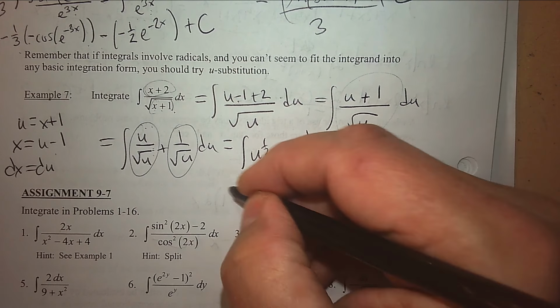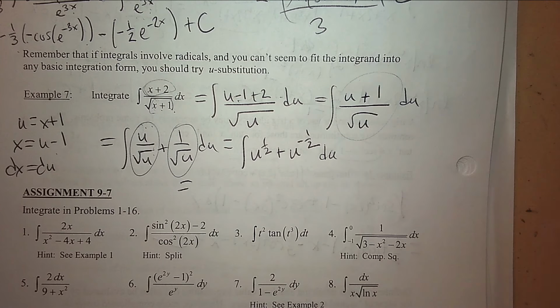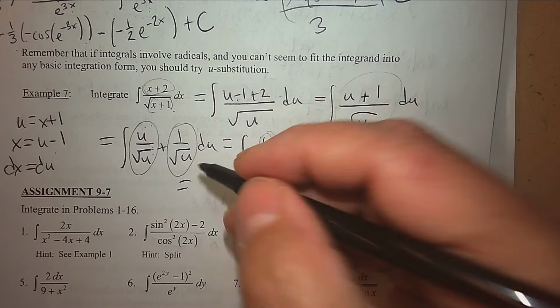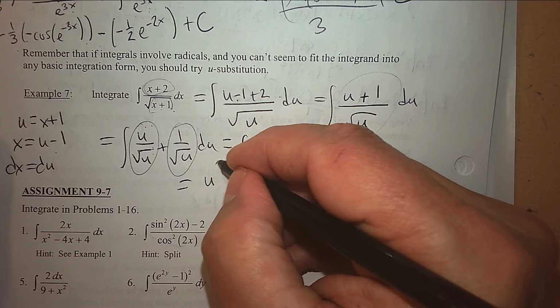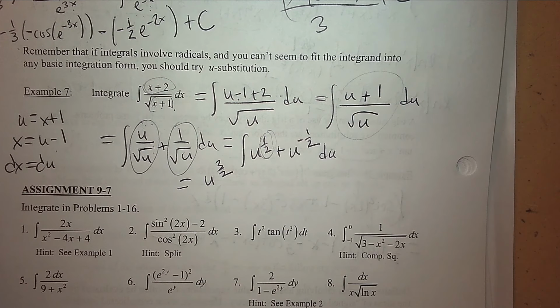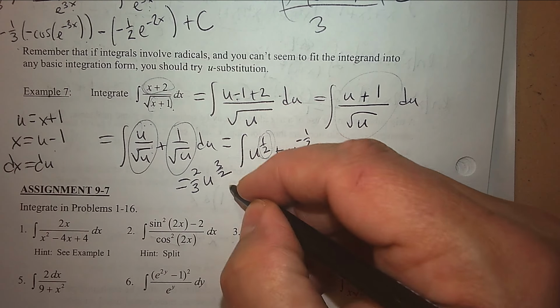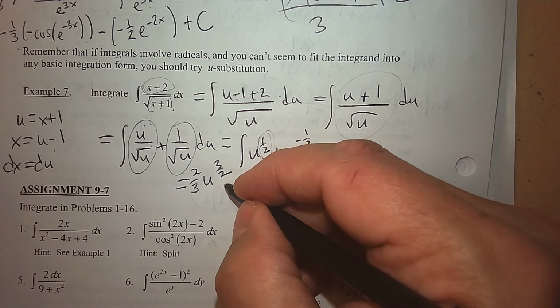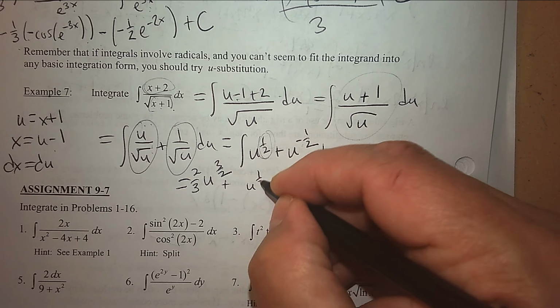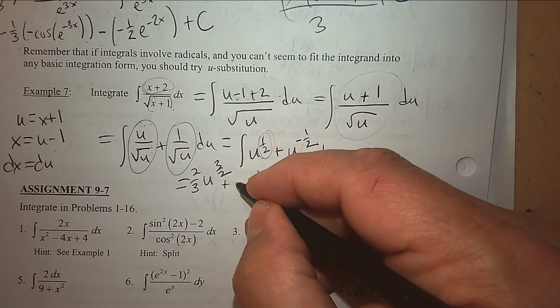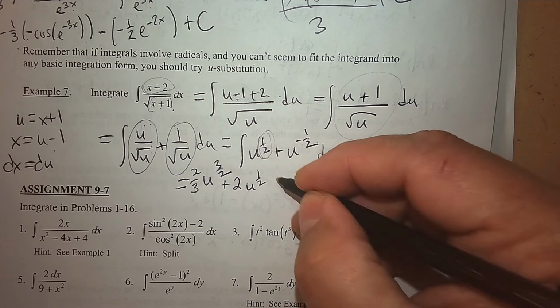And now we're off and running. So now it's in the form anti-power rule. What am I going to do to the 1/2? Add 1, and then divide, or do the reciprocal. Do it again. Add 1, and what do you get? 1/2. Divide by 1/2, or the reciprocal. Don't forget the constant.